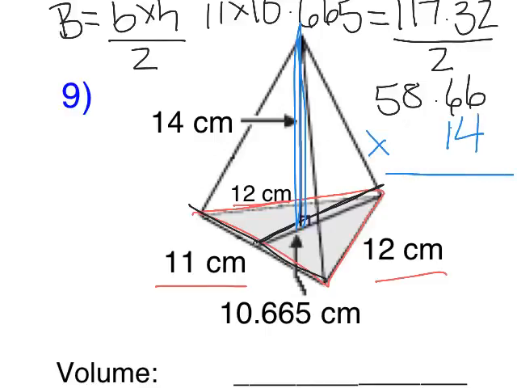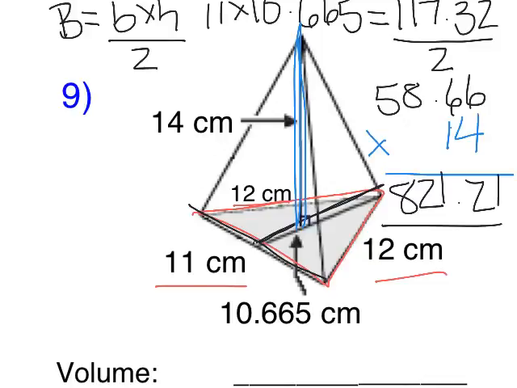And then we end up getting 821.21. Remember, there's one more step. Otherwise, because right now the 821.21 would be as if we had a prism, but we're working with a pyramid, so we need to do one more thing.